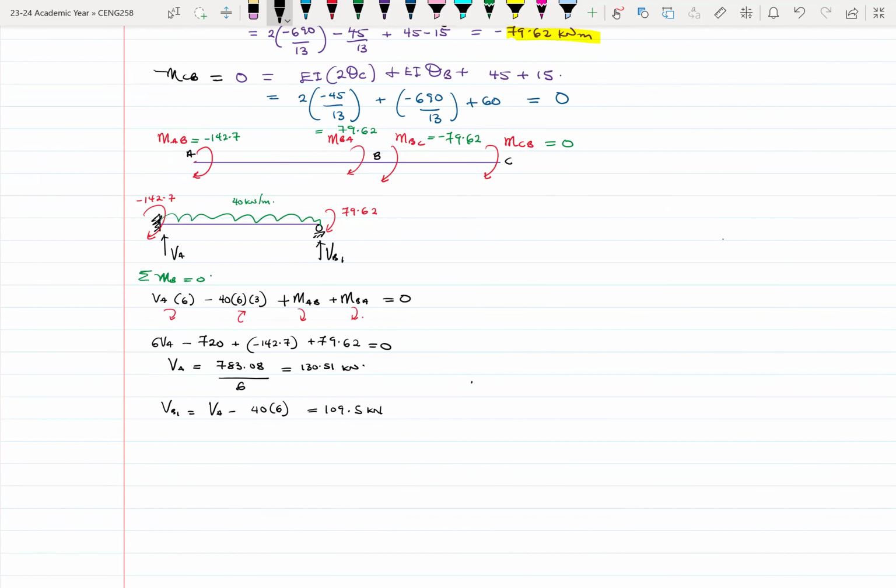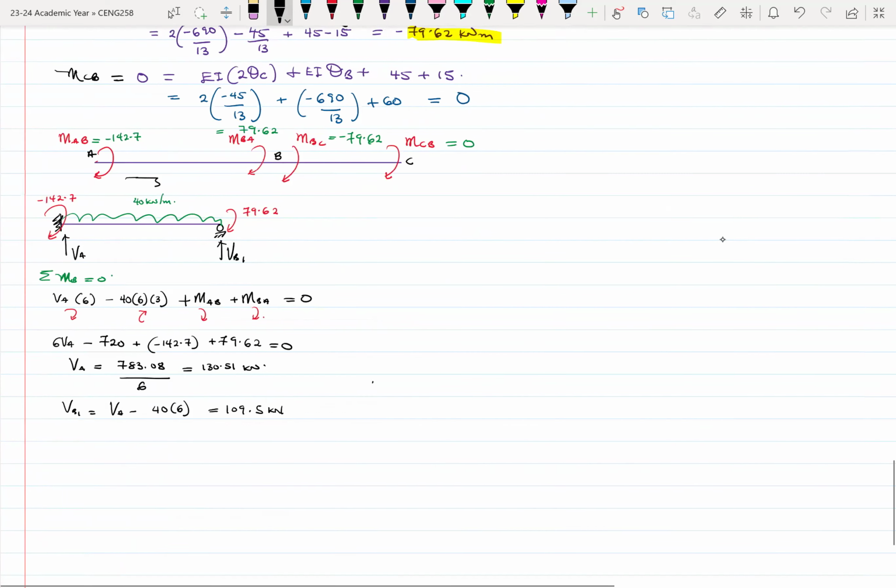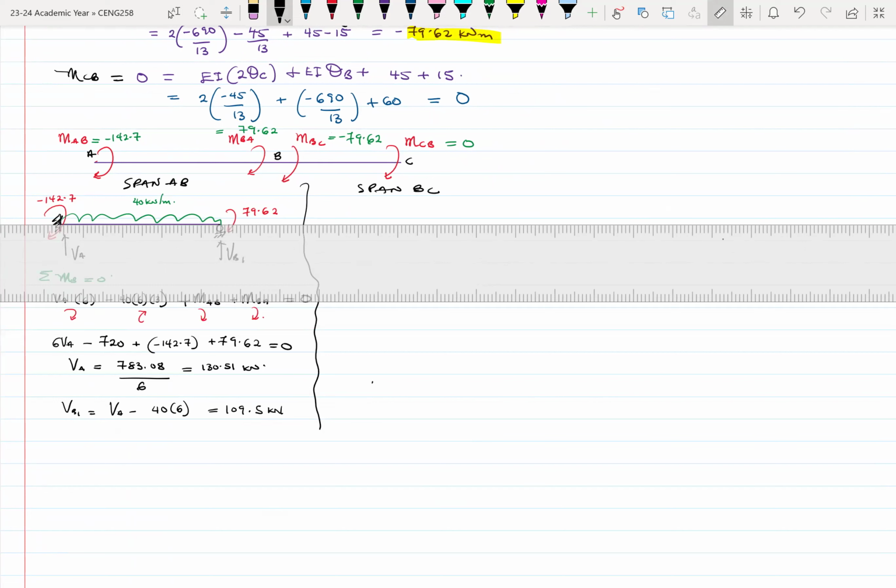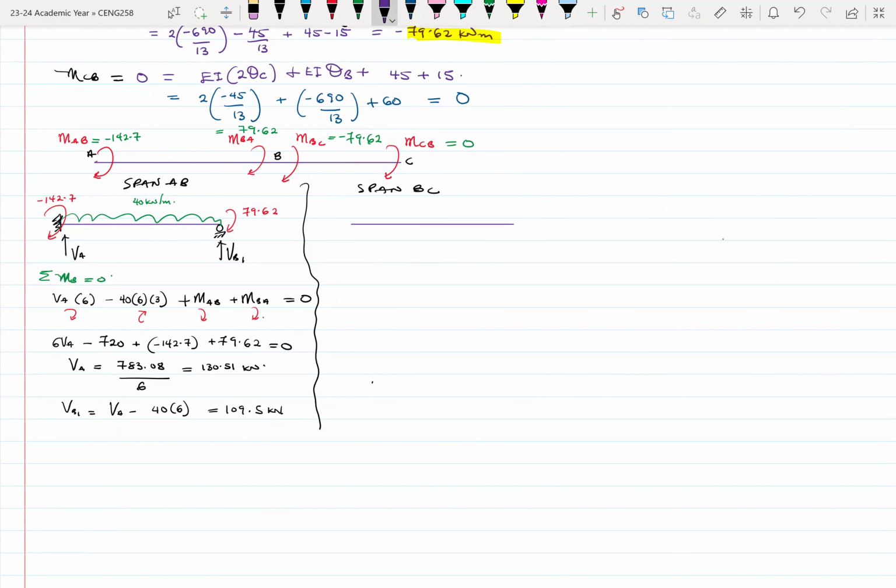So now this is for span AB. Now let me do span BC on the right so that everything looks side by side, easy to solve. For span BC, we also have these moments.